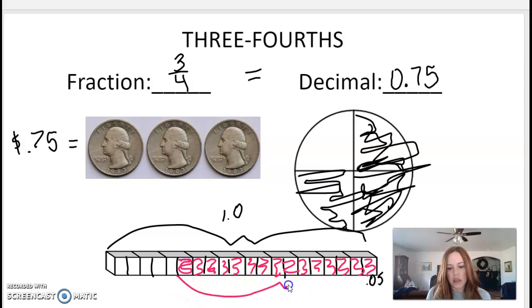So this is all equal to 75 cents, 75 hundredths, or 3/4. And if all of this is 1 whole, and we've already colored in 3/4, what is left? Well, if you said 1/4 is left, you would be right.